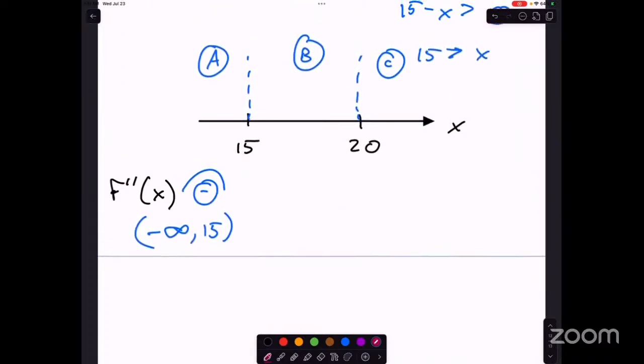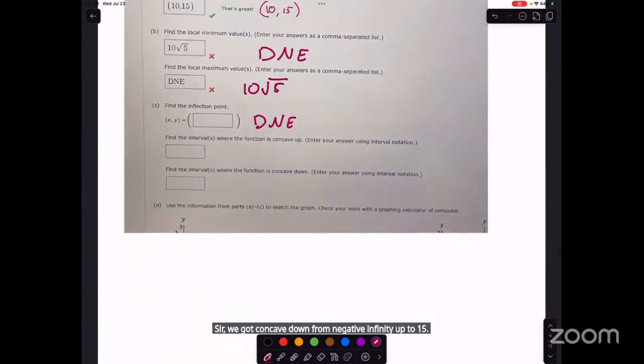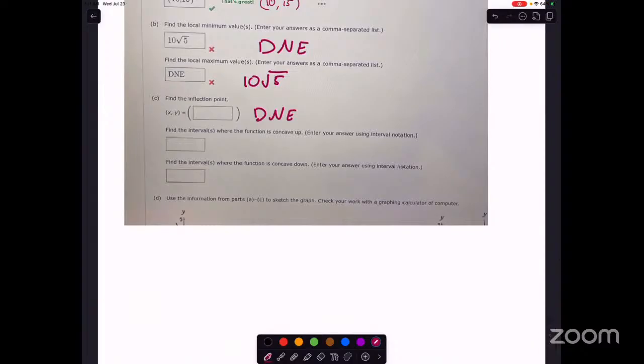Sorry, we got concave down from negative infinity up to 15. And here for concave up, we got none or does not exist.